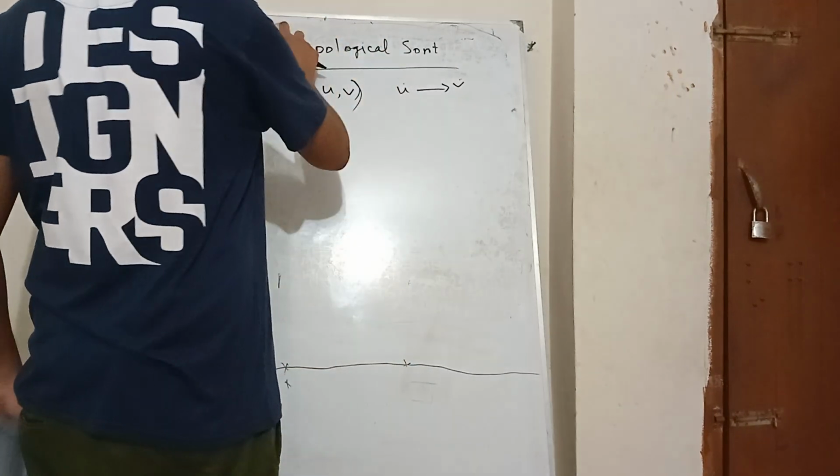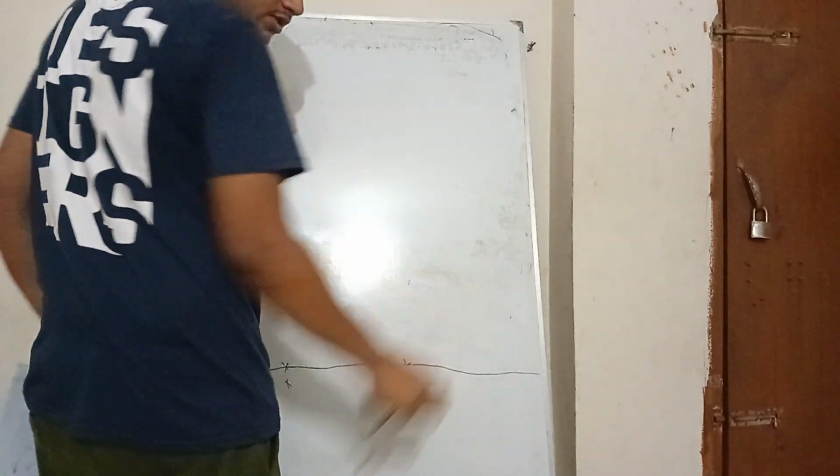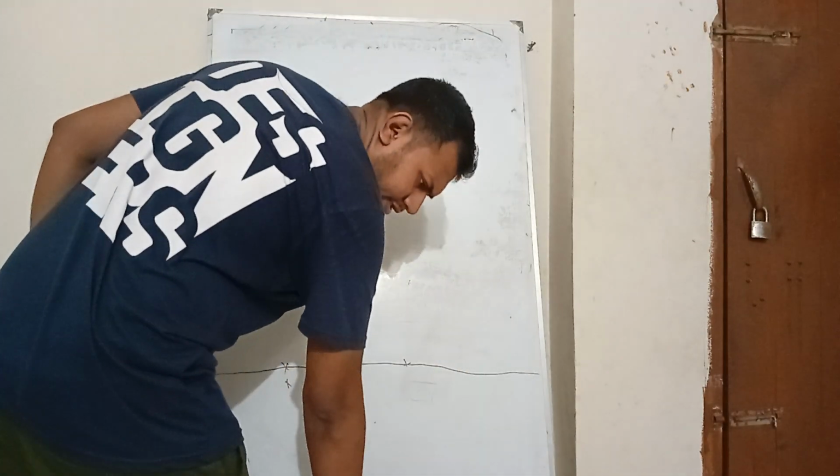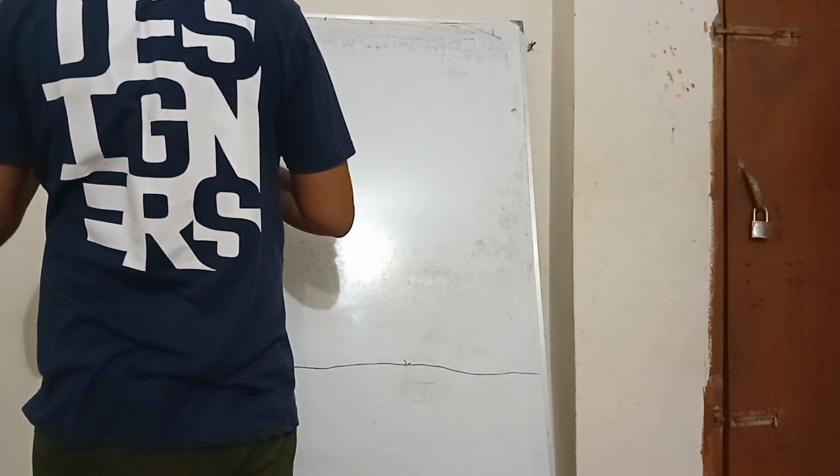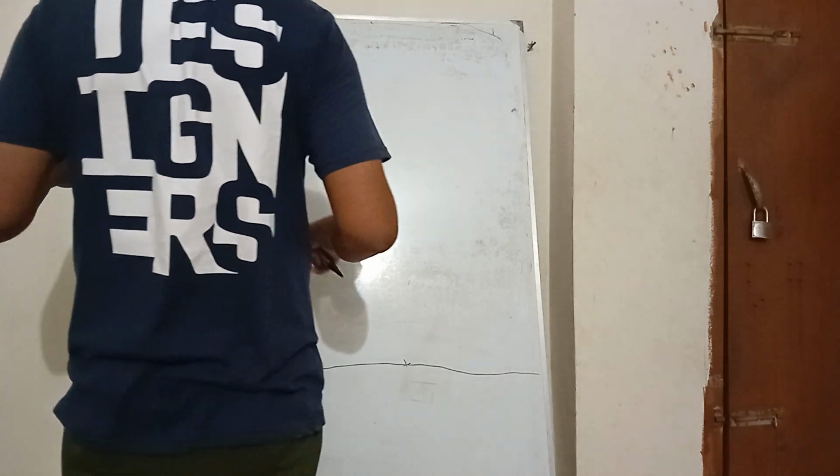Topological sorting is not possible if the graph is not a DAG. Let's see an example.